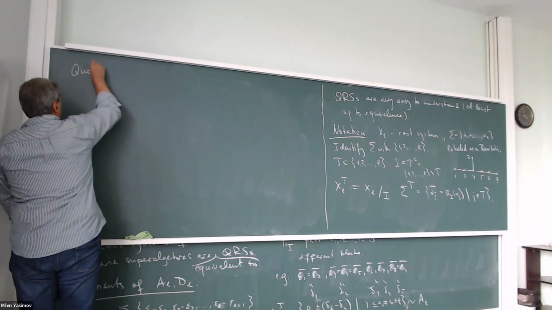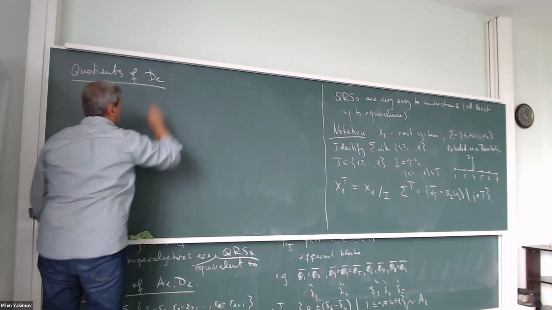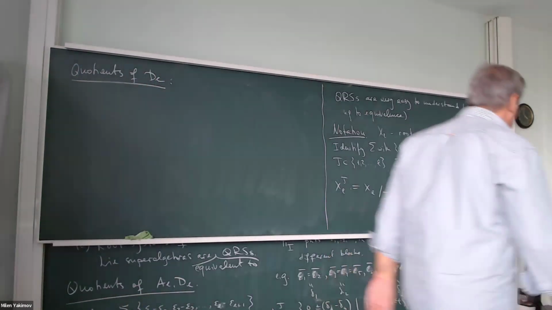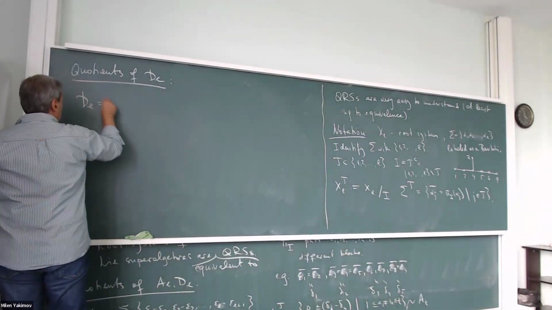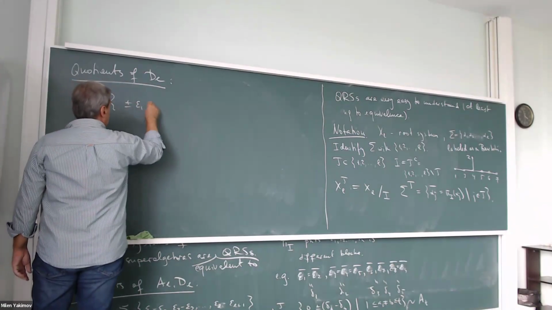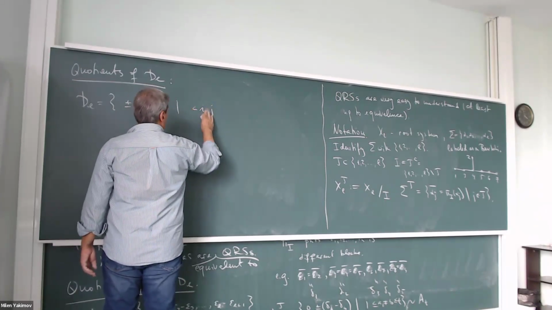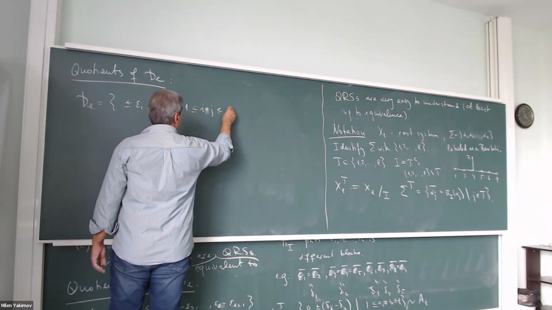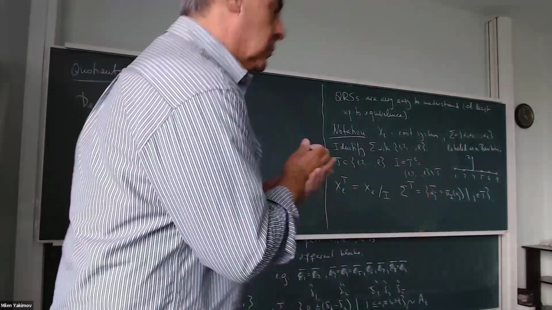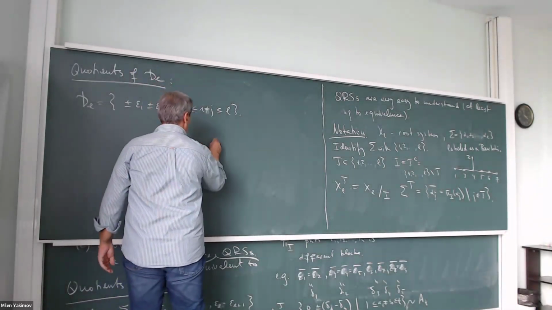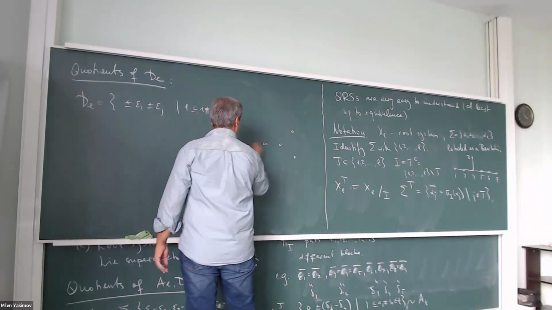What happens in this case is that we have the roots of type A_(L-1): plus minus epsilon I plus minus epsilon J for I, J different, between 1 and L. And this is the Dynkin diagram.